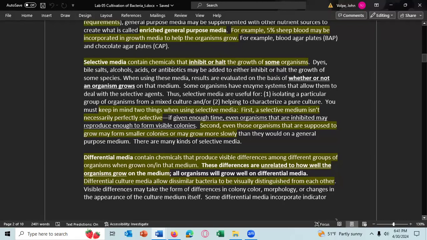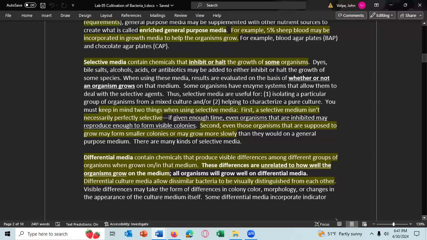These differences are unrelated to how well the organism grows on the media. They're usually dissimilar bacteria that visually distinguish from each other, meaning they may have different colors or they may do something different on the media.